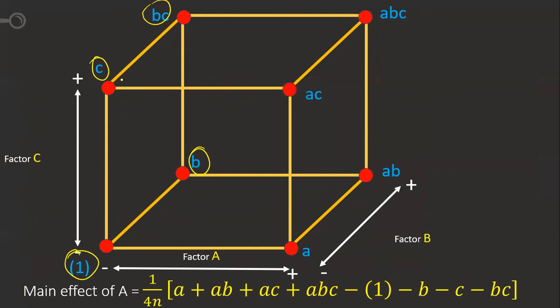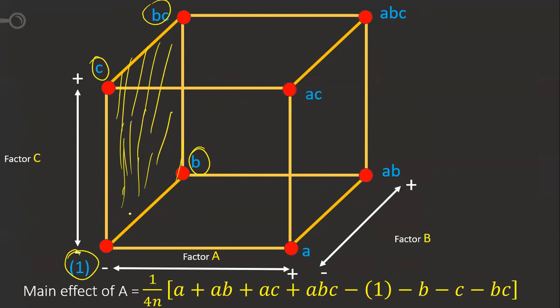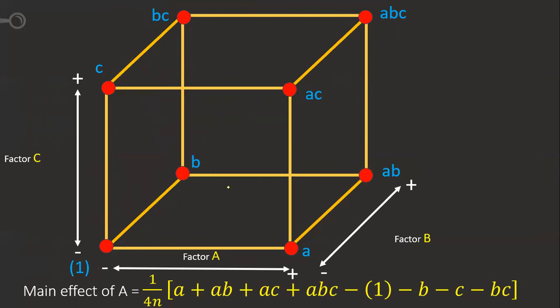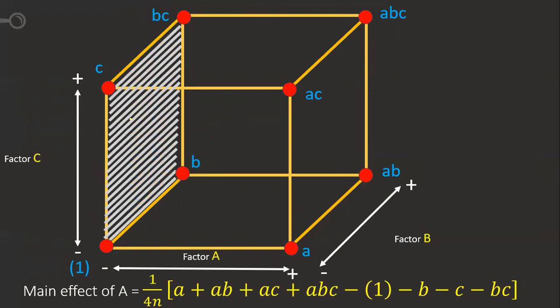Now imagine this particular side. This side will not move here, so it will be a lower value. When it moves here, it will be a higher value. You can see clearly from the diagram here. Yes, this is not moved. Now this is the value given here: 1, BC. BC is the negative phase.